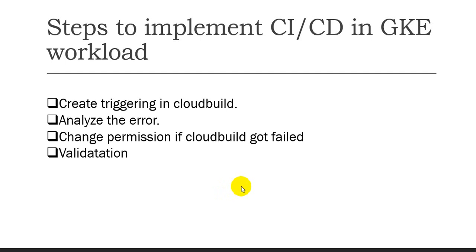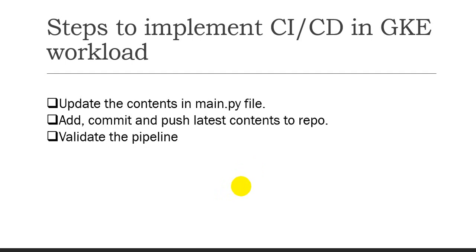Once our Cloud Build is working fine, after that we have to update some contents inside the main.py file. Then we have to commit that and push the latest contents to our repo. Because we have already created the pipeline, if we change anything in our source, it will automatically be applied to our destination in our Google Cloud workload.